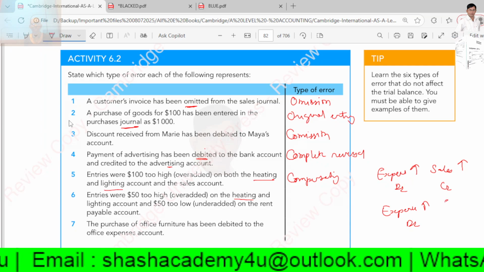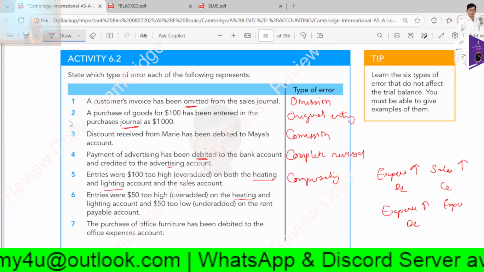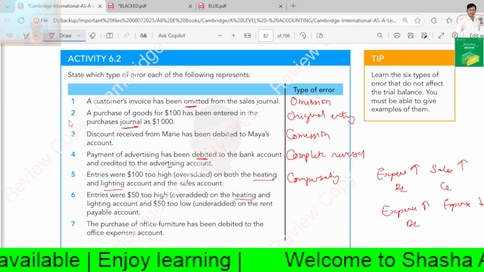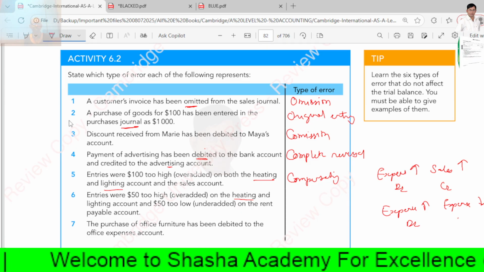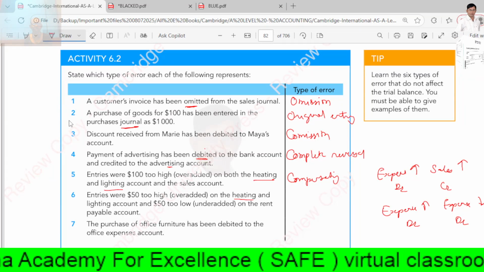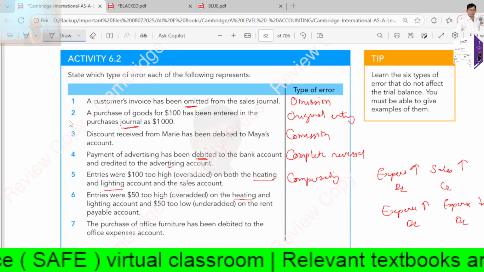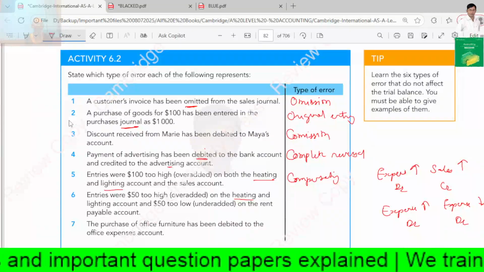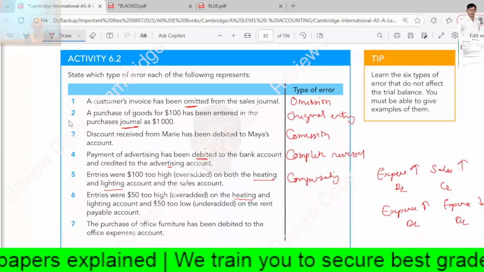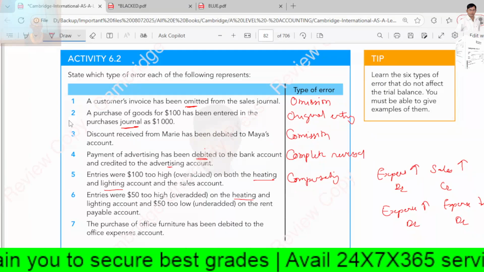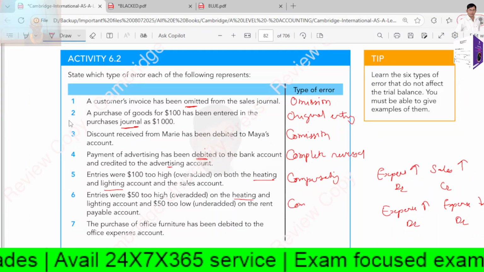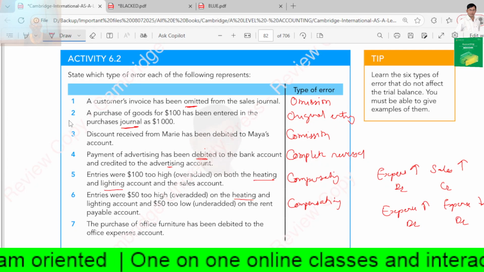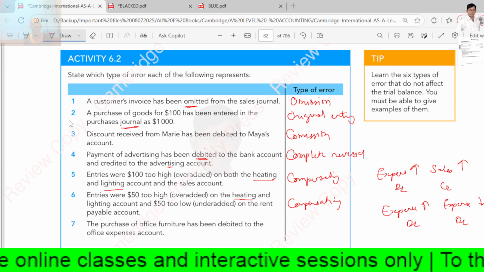So again it is expense, and that is also debit. So this is also debit, that is also debit. Instead of adding it to heating and lighting, it has been added to rent payable account. Both are expenses. So it is compensating because the net effect is nil. Expense will increase, expense will come down. Instead of adding to this account, it has been added to this account.